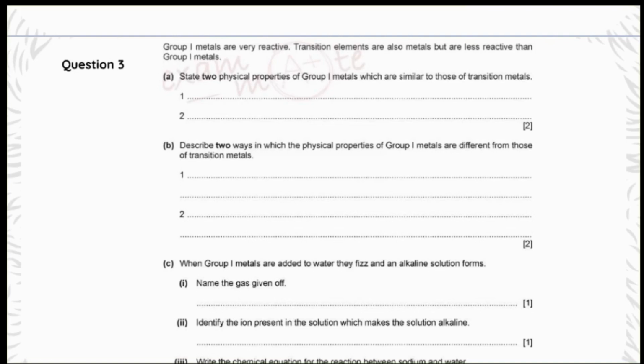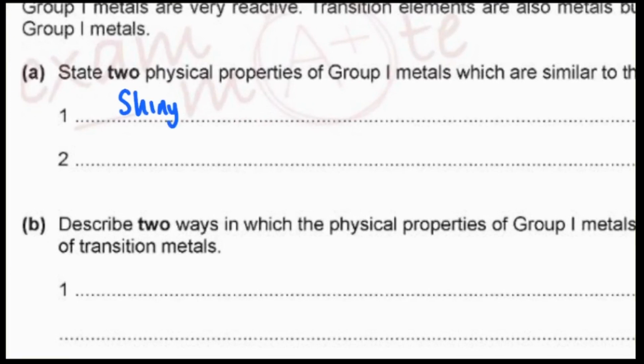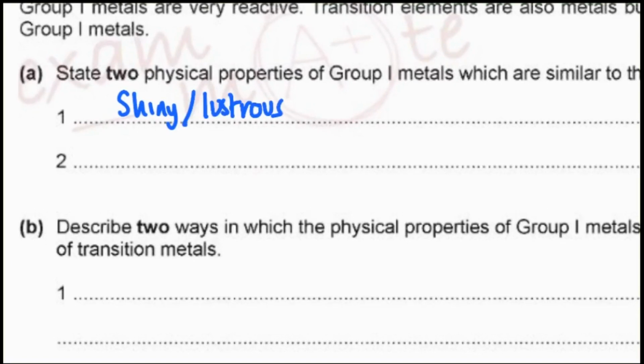So here you can list any one of the common properties of all metals. So the first one would be something like they are shiny, or another word would be lustrous. I do like the word lustrous. They are good conductors of heat.